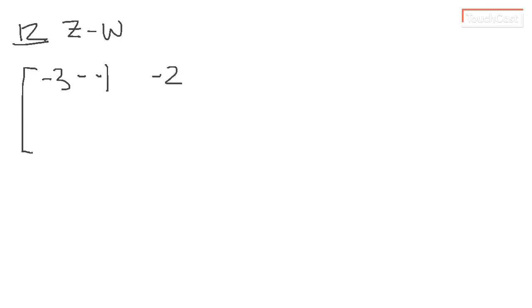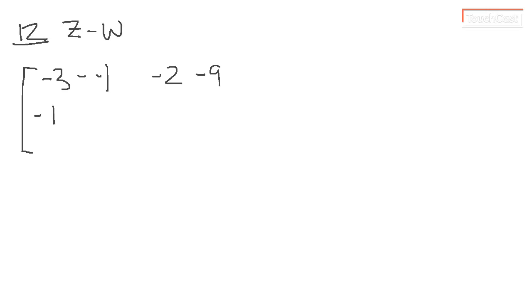In question 12, we're going to take Z and subtract W from that. So, Z and W are both 3 by 2 matrices, so we're going to just subtract. We're going to go the first element, first row of Z is negative 3. We're going to subtract negative 1 from it because that's the first element in the first row of W. So then we're going to go negative 2 minus 9, and we're going to move down another row.